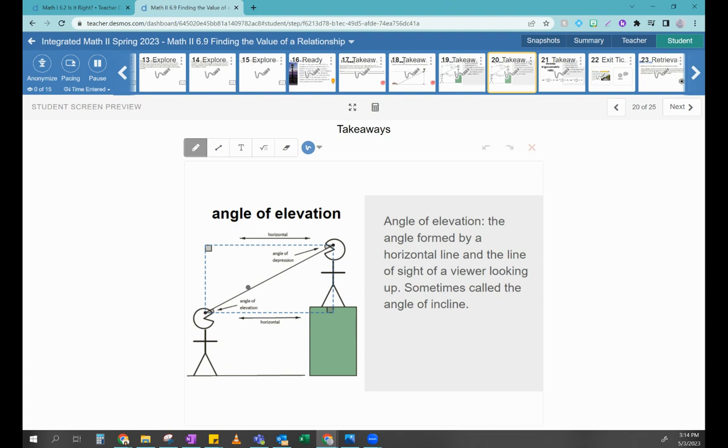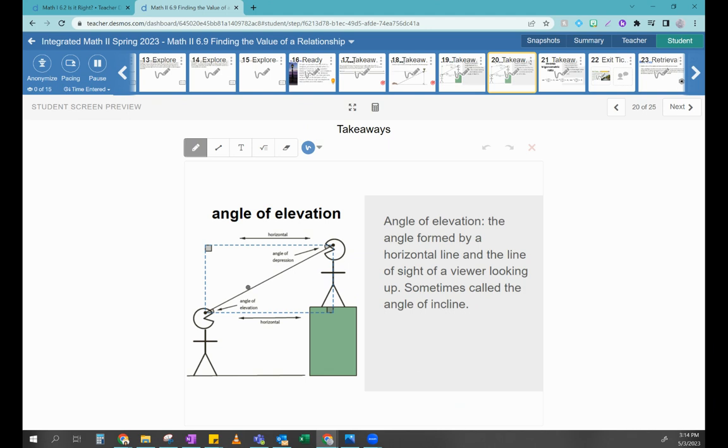A good way to think about angle of elevation is if you were in the theater watching a movie, and you're sitting in the middle row, middle seat. You're almost looking straight ahead, right?